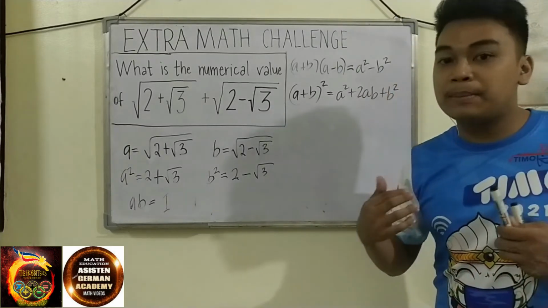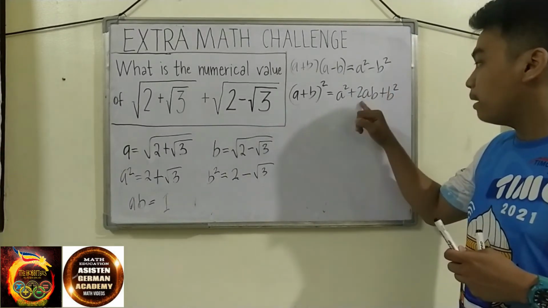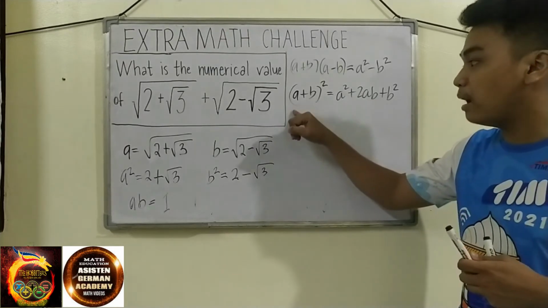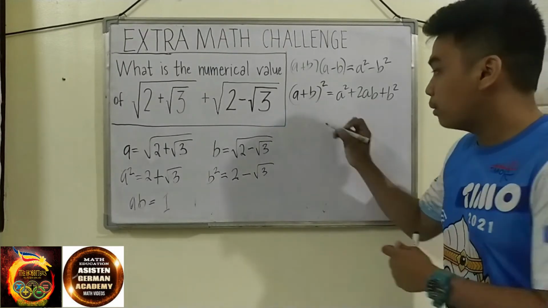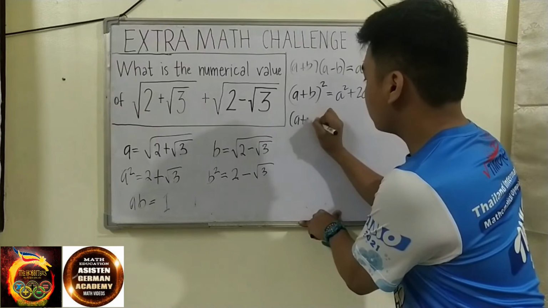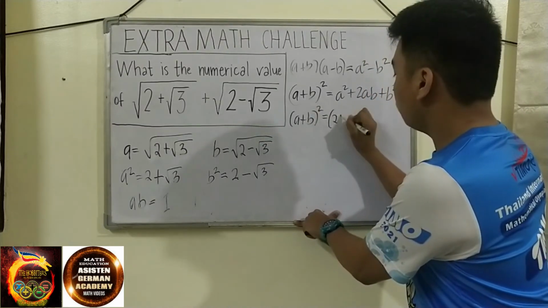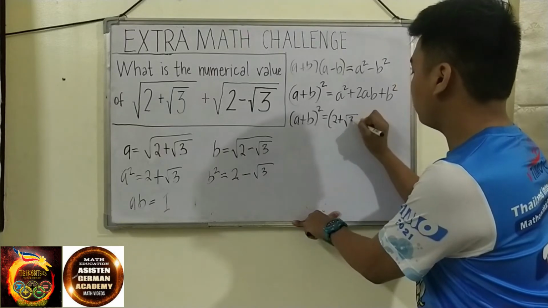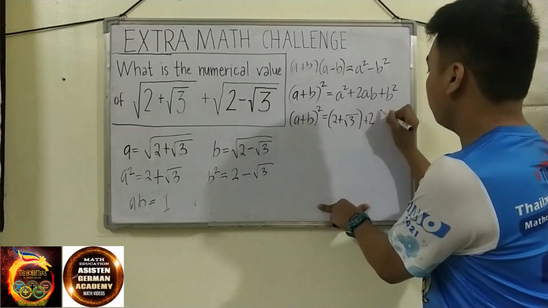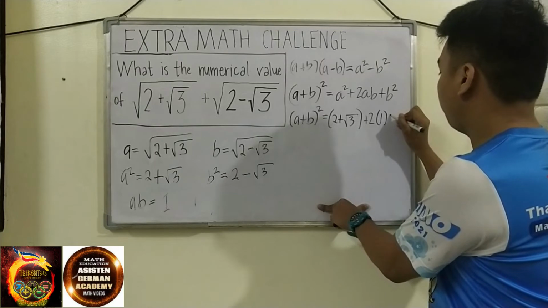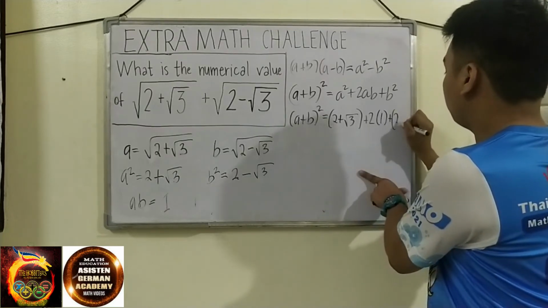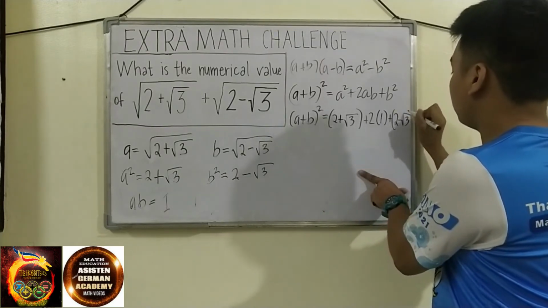So we can now substitute the values of A squared, AB, and B squared to solve the value of A plus B. So we have A plus B squared is equal to 2 plus square root of 3, plus 2 multiplied by 1, plus 2 minus square root of 3.